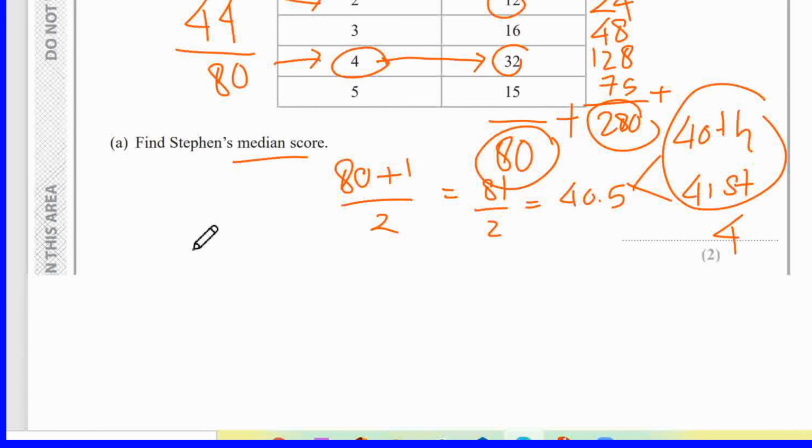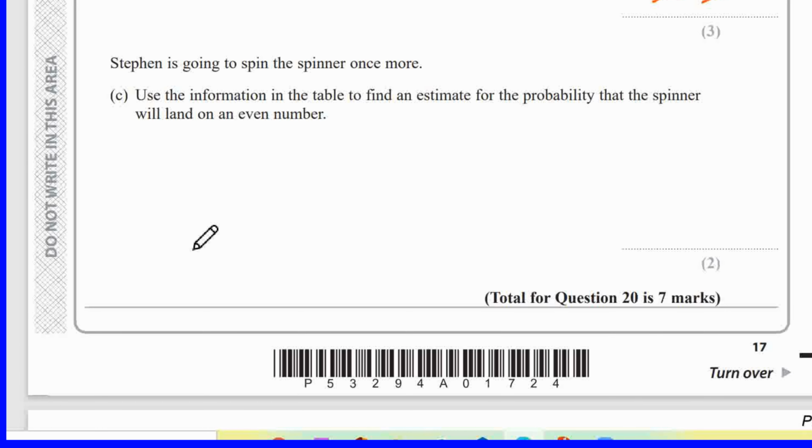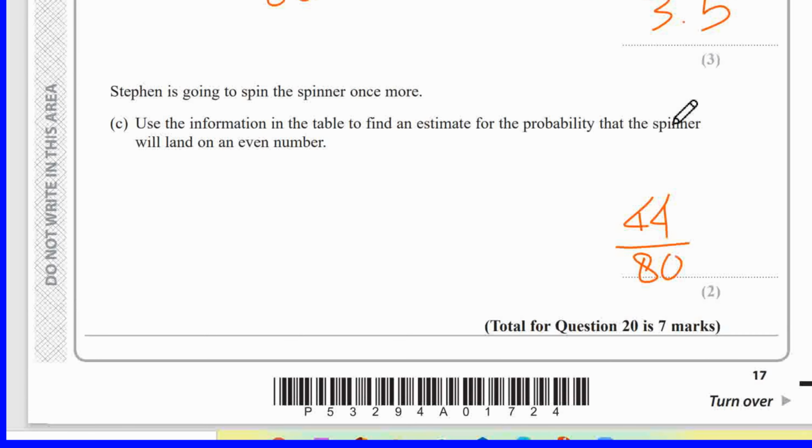That will be the probability for the even number. So it's 44 over 80. Or you can simplify it into 11 over 20.